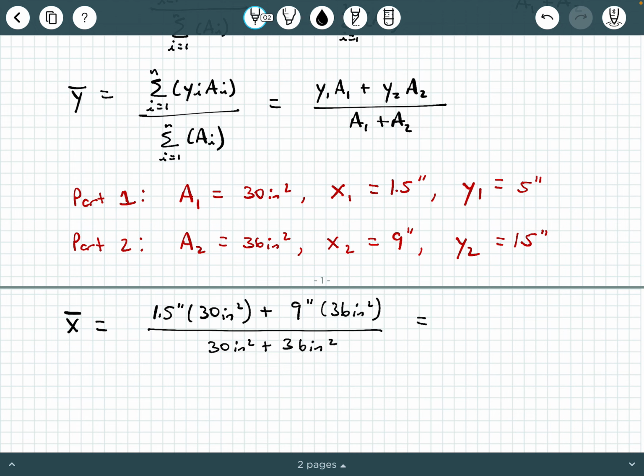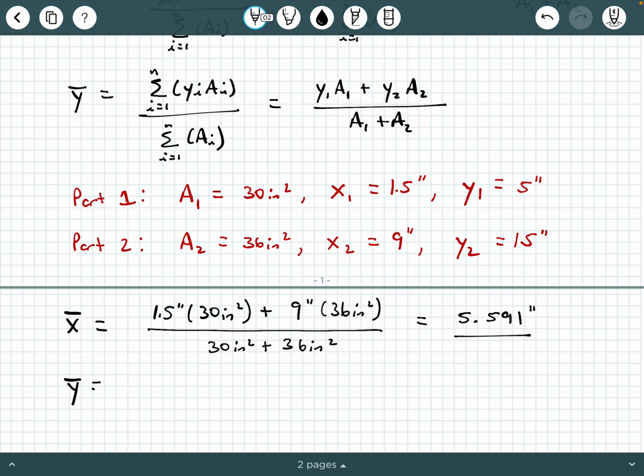I'm using my TI-36X Pro calculator to perform this operation, and I'm punching it in nice and slow so I don't accidentally make a mistake. I get 5.591 inches as my X bar value.